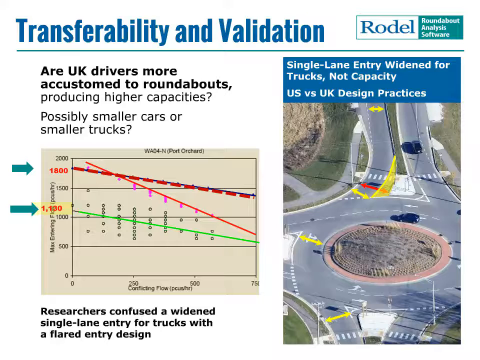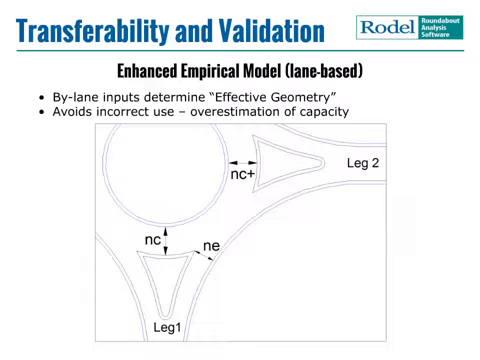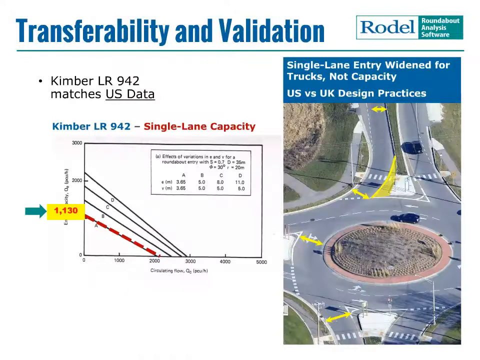If you look here at a flared entry design, that's where you're getting about the 1,800 vehicles per hour. The new Rodel avoids this; it now has bi-lane intercept which determines your effective geometry, which will avoid the incorrect use that had occurred with the previous version. So what that's actually modeling is a true flared entry roundabout, which is shown here on the right. And this is some FHWA data.